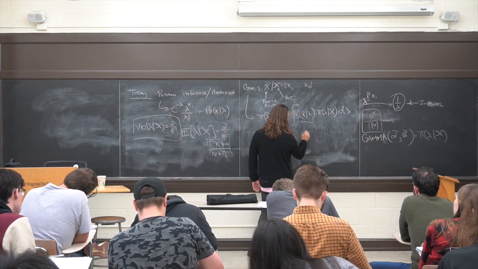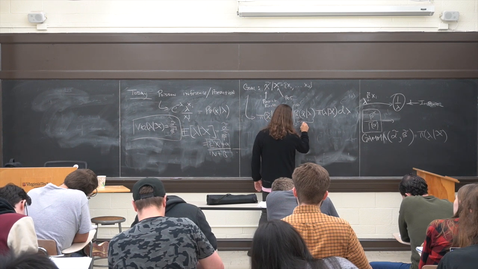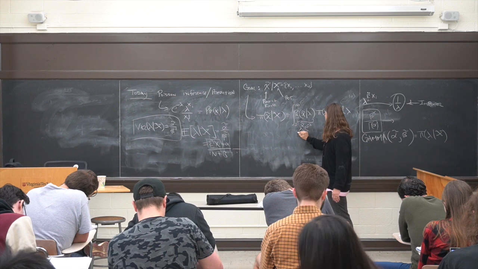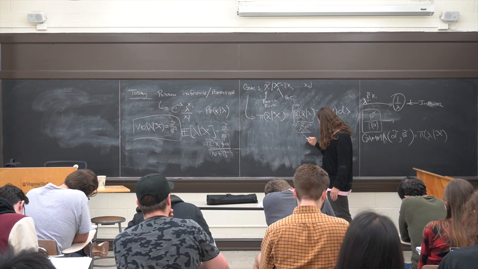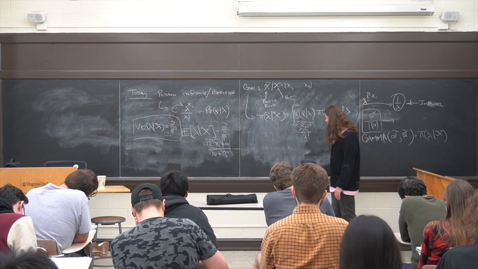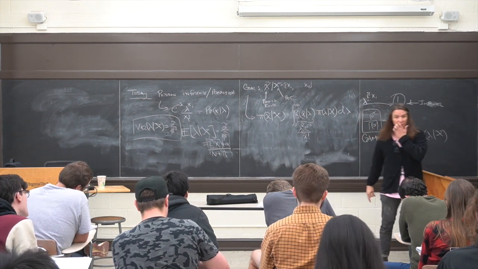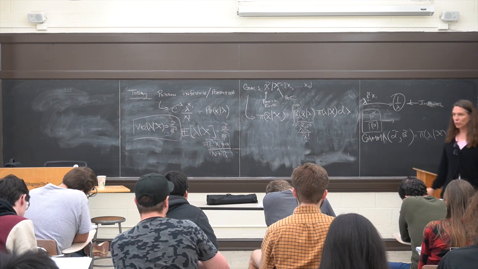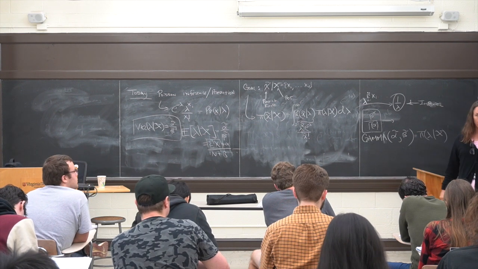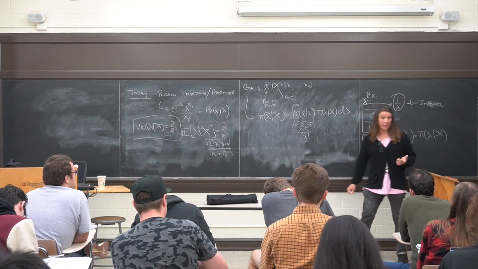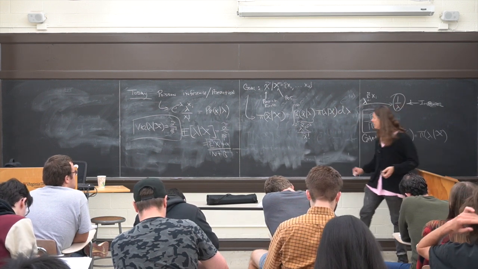Just replace all this stuff: lambda to the x tilde, e to the minus lambda over x tilde factorial. I'm going to leave all these in so I can try to start recognizing what this distribution is. If I don't recognize the distribution and I don't know what it is, I don't just start throwing things away. So once I get comfortable with what it is and how to recognize it, then I might start throwing things away.